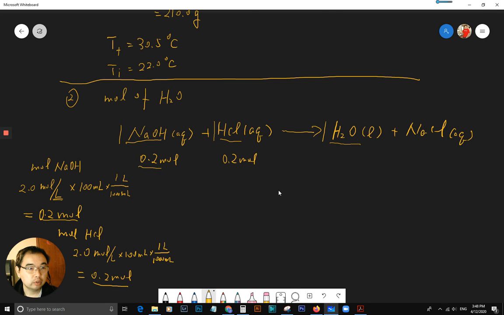Then with 0.2 mole of the sodium hydroxide and 0.2 mole of the HCl, we can generate 0.2 mole of H2O, which is water. So the mole of the water is equal to 0.2 mole. And this is part 2.